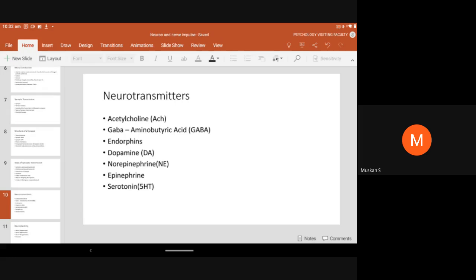Its function is to facilitate the neural inhibition in the central nervous system and too much action potential. Then comes the endorphins. So the most important function is to provide relief from pain and feelings of pleasure and well-being.